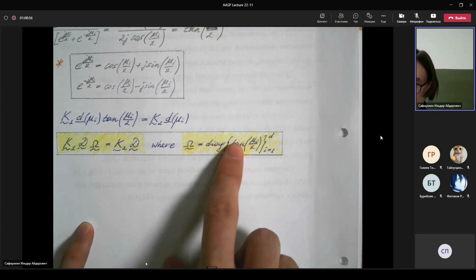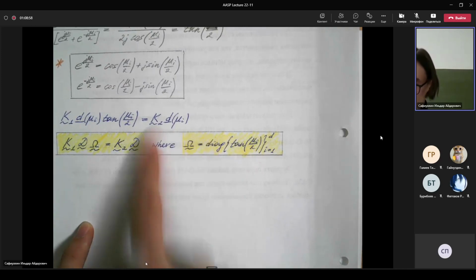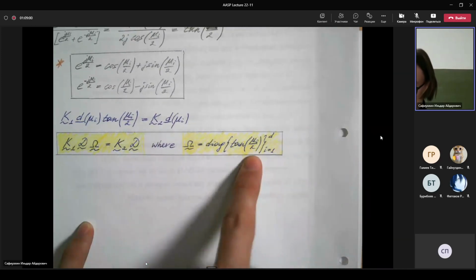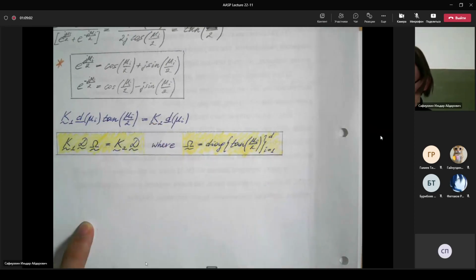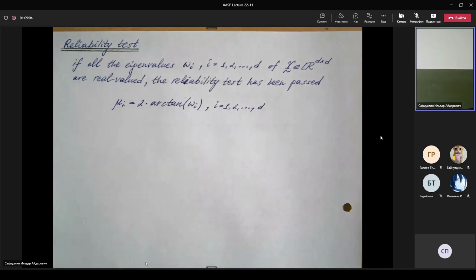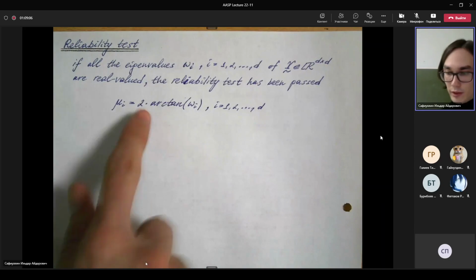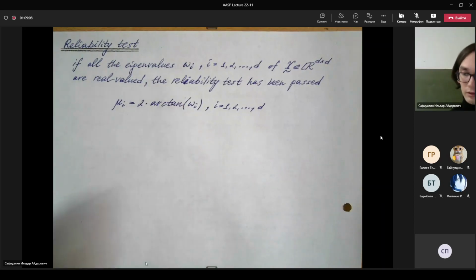So first we take arctangent of our eigenvalues and then multiply it with 2.